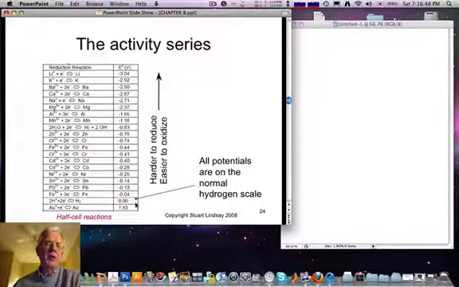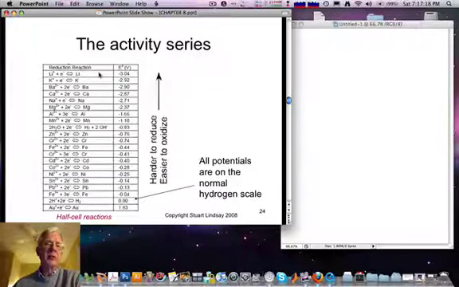The corresponding oxidation potential, in other words for the reverse reaction, can be found simply by changing the sign of these potentials. So now all of these reactions are quantified relative to the standard hydrogen electrode or normal hydrogen scale, almost equivalent things. And this means then that you can decide what will spontaneously donate an electron to what.